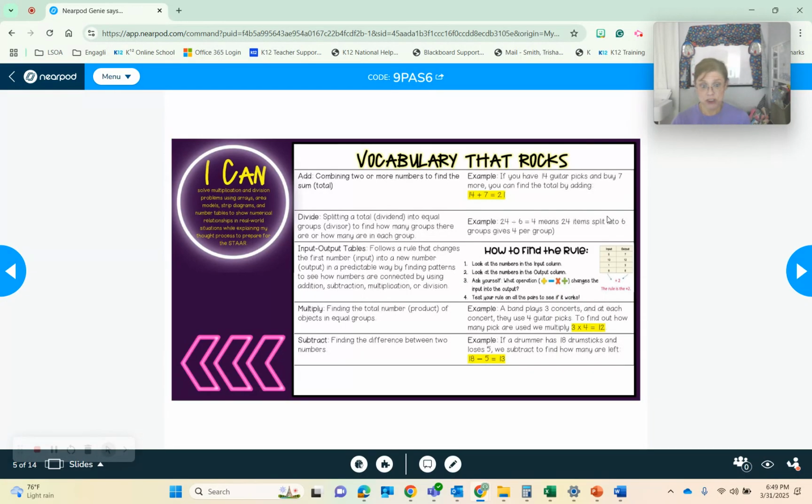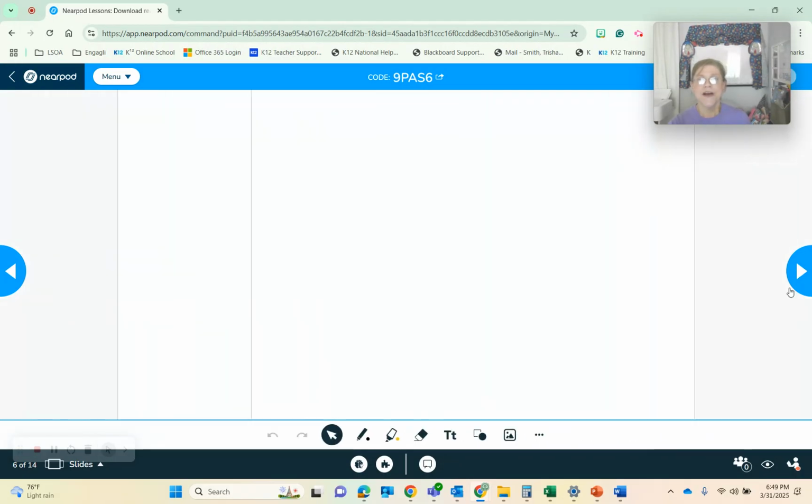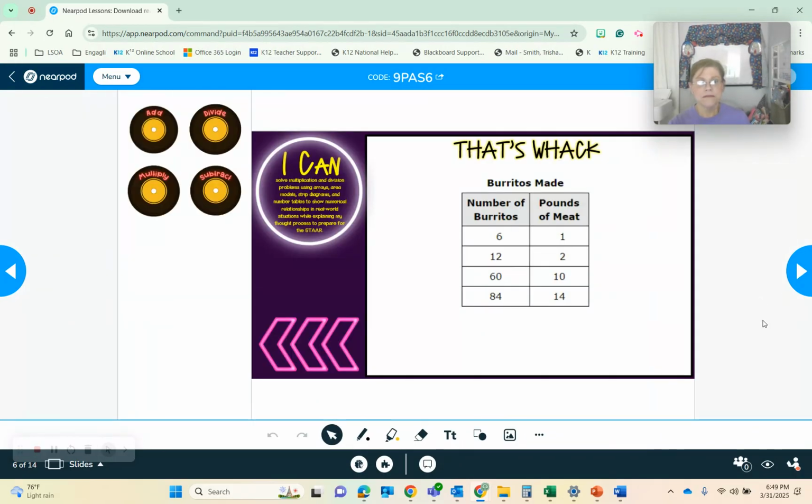And finally, subtract. Subtracting is finding the difference between 2 numbers. For example, if a drummer has 18 drumsticks and loses 5, oh no, we subtract to find how many are left. 18 minus 5 equals 13. And we tell that drummer to stop losing those.